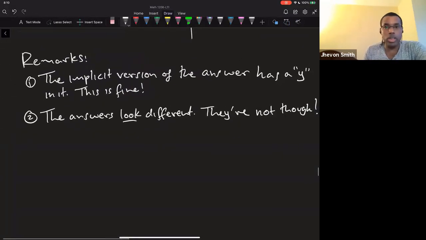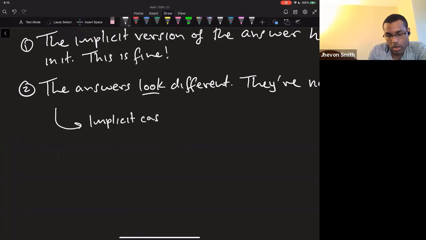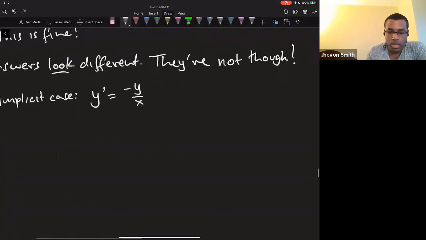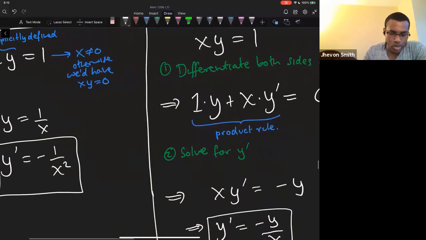And here's how you can know. So in the implicit case, we had y prime equals minus y over x. Now, the thing is, in this case, we actually know how to solve for y. Like we did it very easily right here.